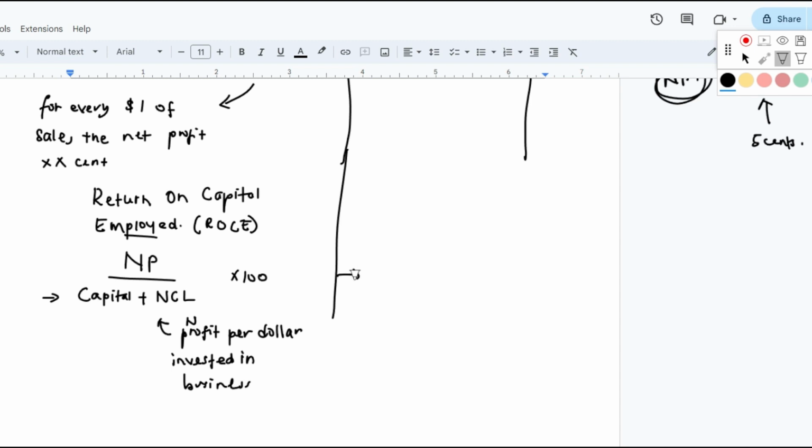Now, example. Let's say the net profit is 20,000. Now, capital employed is 80,000. That means capital is 80,000. Now, you have a long term loan of 20,000. So, what you have here, 20,000 over 100,000, meaning it's 20%, times 100, right?